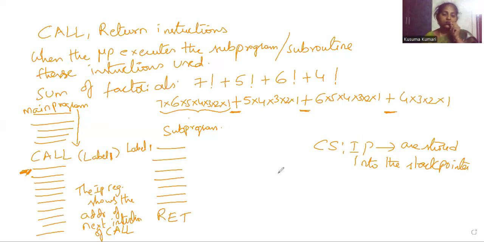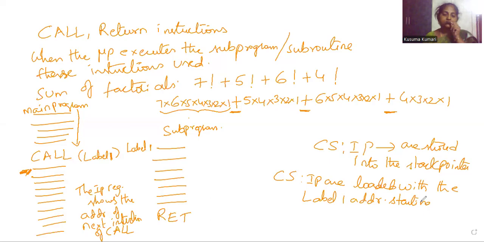Now the CS and IP are newly loaded with the label 1 address, that is, the starting address of the subprogram.